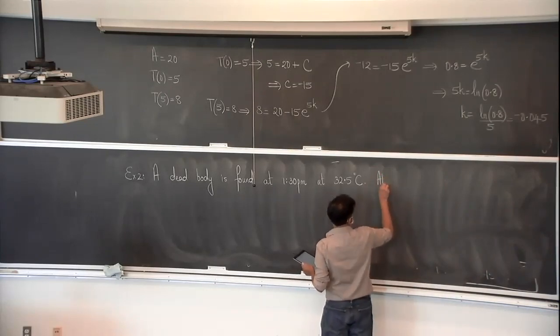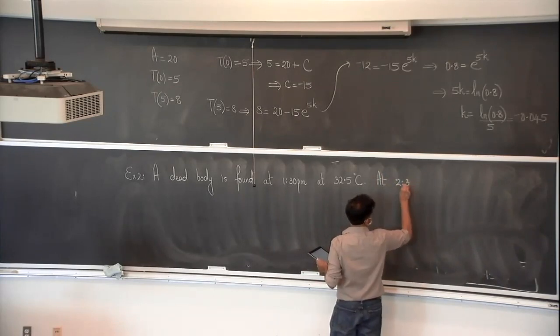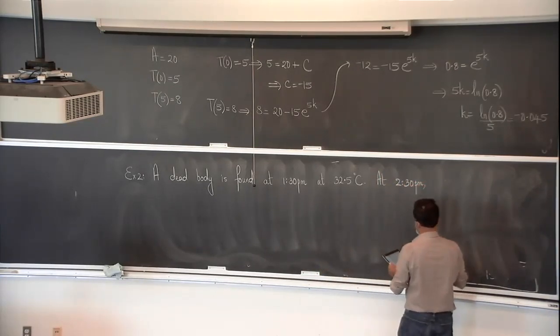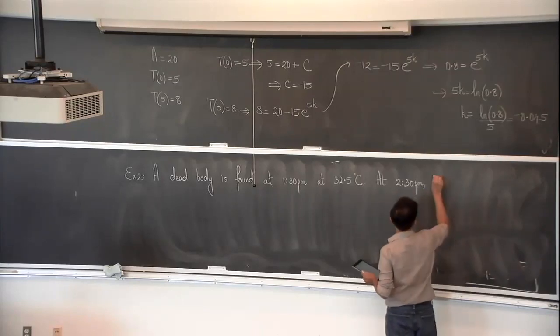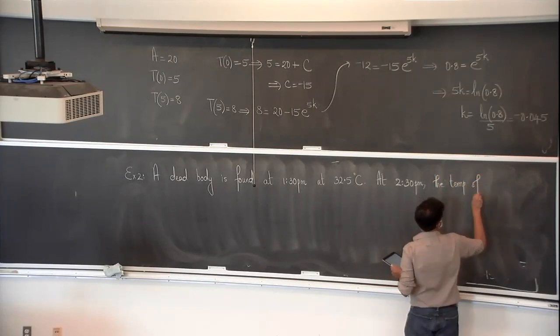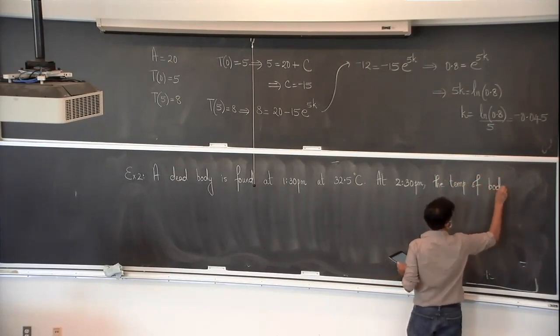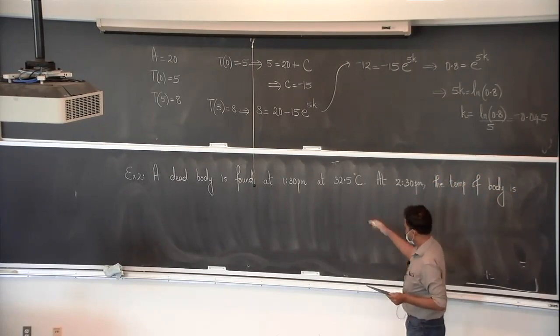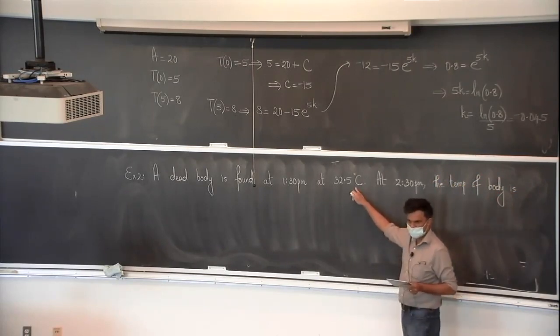At 2:30 p.m., the temperature of the body is... Let me ask you this, what do you think it's going to be? Is it going to be less than 32.5 or more than 32.5? It's a dead body.